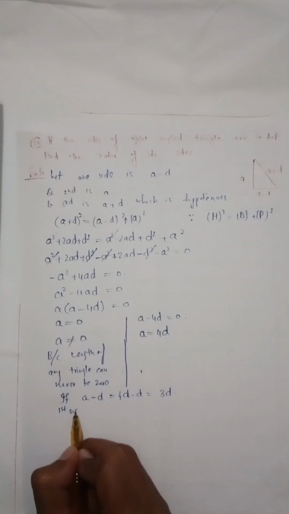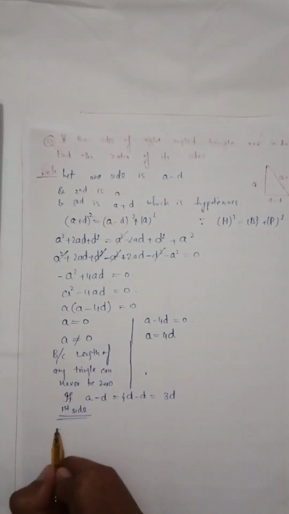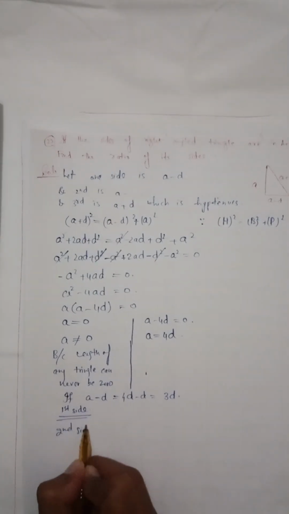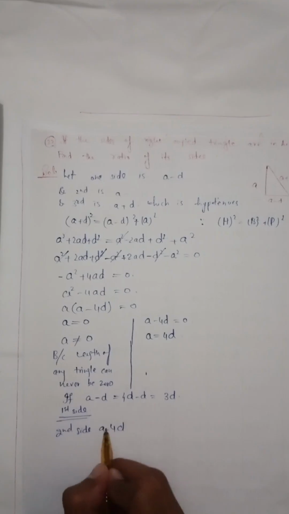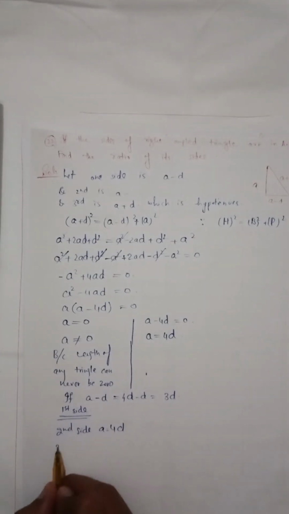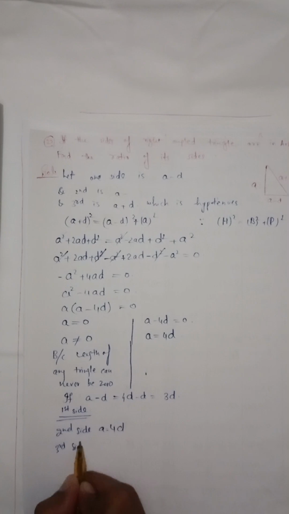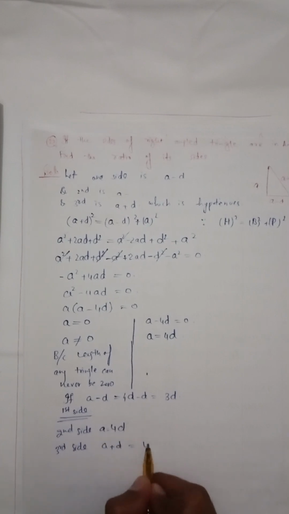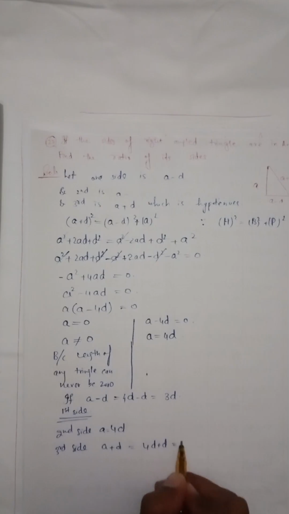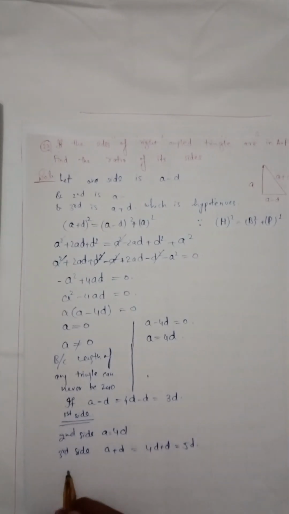First side is 3d, second side is 4d, and the third side is a plus d, meaning 4d plus d is equal to 5d.